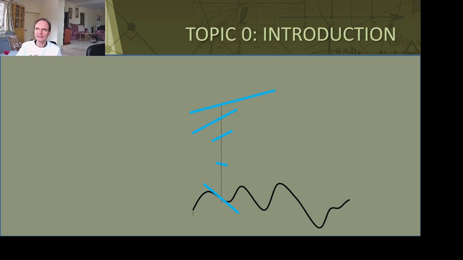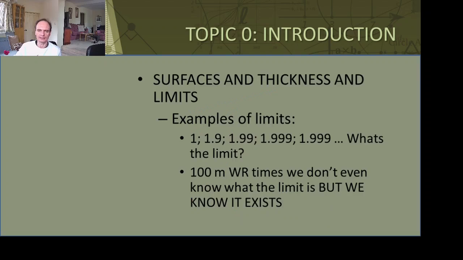And this idea of getting closer to a direction, getting closer to something, is the idea of limit. What happens when we have made an infinite number of iterations? When we have made an infinite number of iterations, our segment, SP sub infinite, would be the tangent. That's the limit. What's the idea of limit?